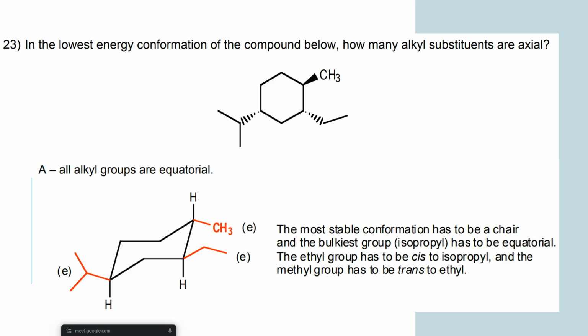So, for the lowest energy conformation, the isopropyl group must be in an equatorial position. You can start drawing by first placing the isopropyl group, and accordingly place the other two substituents cis or trans with respect to it. I hope the structure was clear to you.